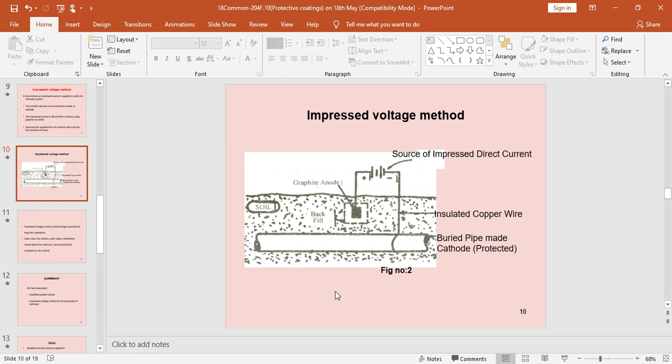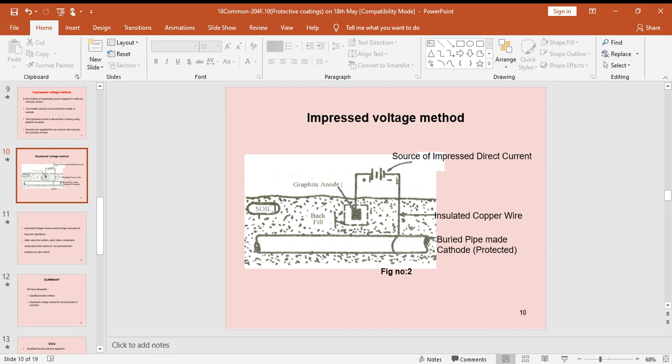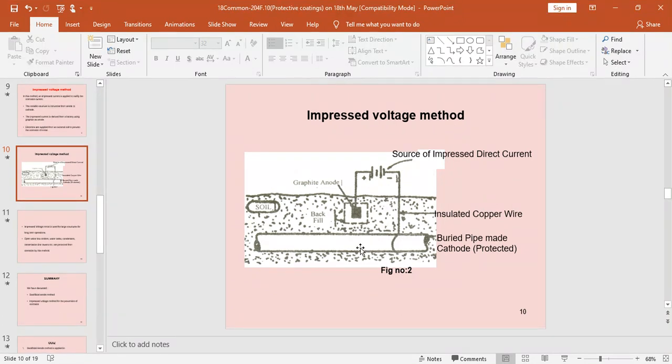So the anode is buried in a backfill to increase the electrical contact between the anode and surrounding earth. It is changed from time to time. The anode is an inert material and has to be replaced from time to time. That's why the anode is buried in a backfill to increase the electrical contact between anode and surrounding earth.